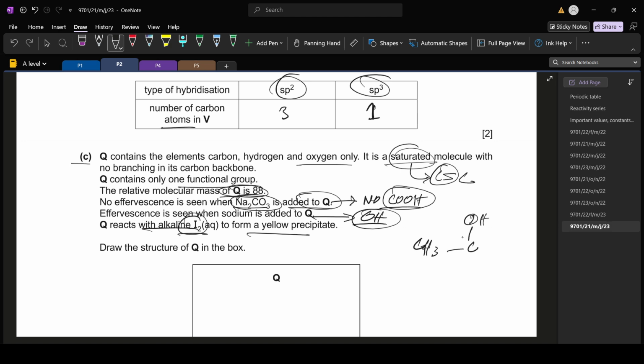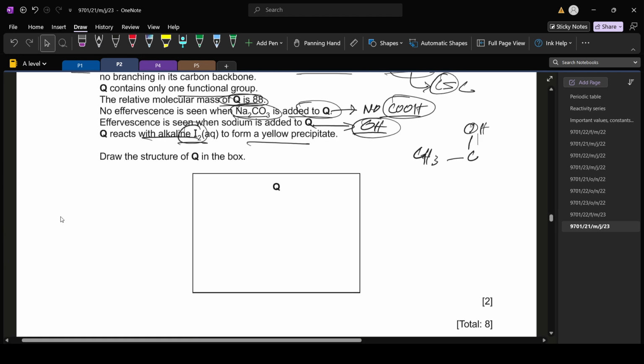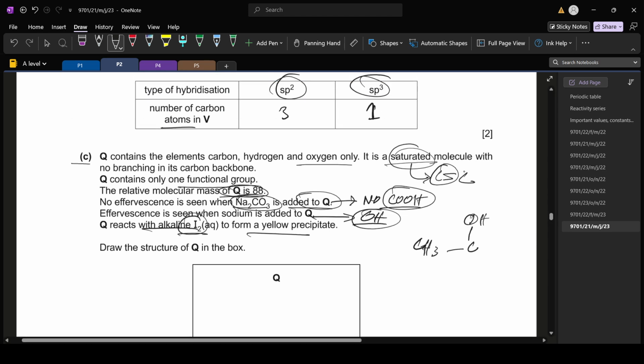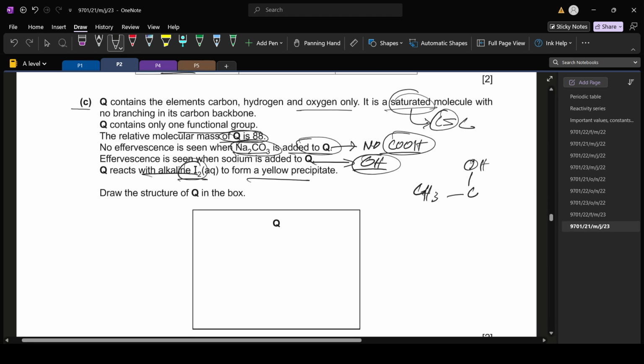Okay, so now you know some of the information. From this information you can deduce the structure of Q, that there is only one functional group which is alcohol, and the alcohol has a methyl group attached. Okay, so now the molecular mass is also given to you.